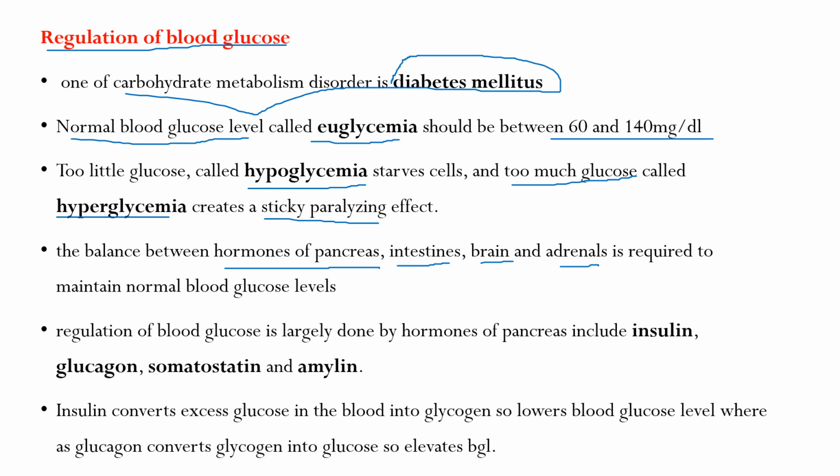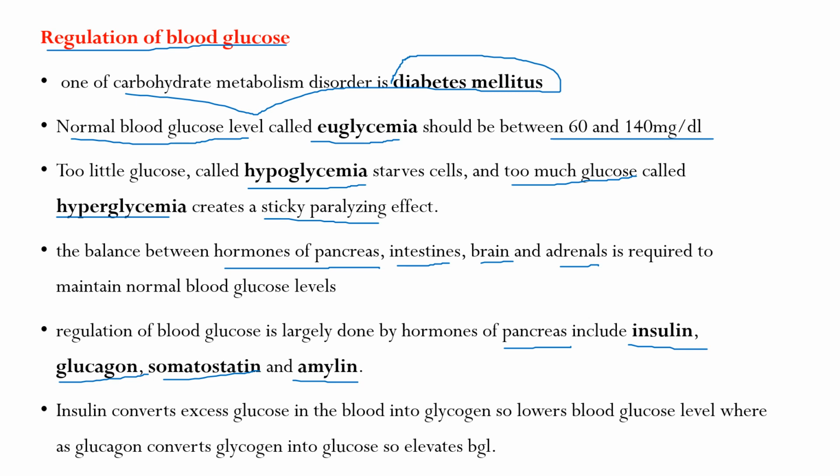For instance, regulation of blood glucose is largely done by the hormones of the pancreas, which include insulin, glucagon, somatostatin, as well as amylin. These hormones are used to regulate the blood glucose level.